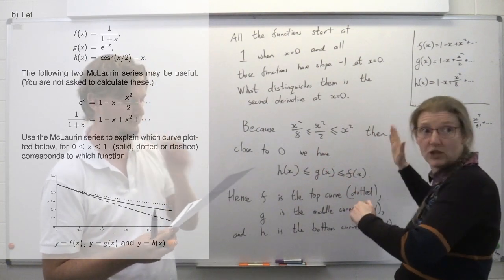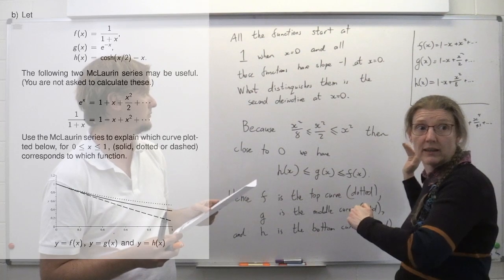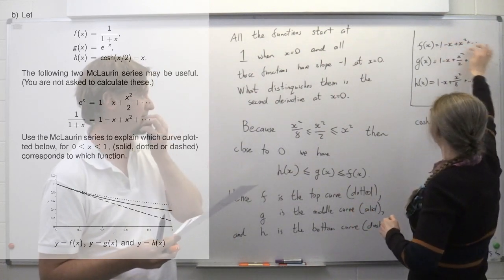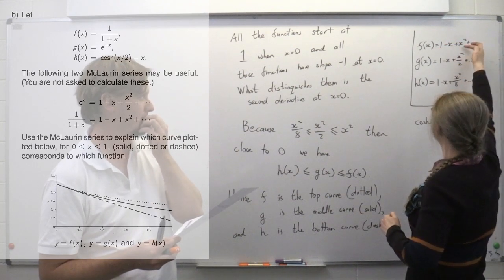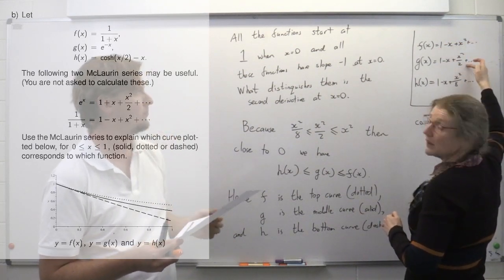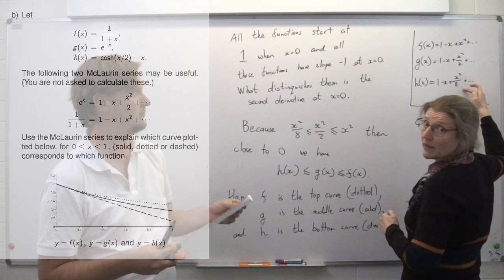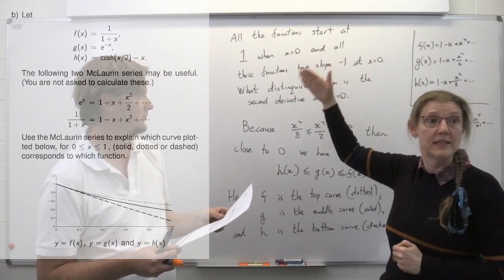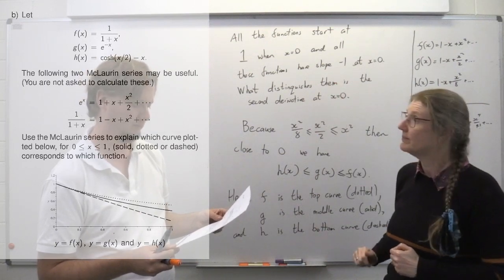So each term that you keep adding in the Maclaurin series here gets smaller and smaller and smaller. So just by plugging in, say, x equals 1, you can see that this one is going to be bigger than this one, is going to be bigger than this one. And that was a nice cross-check so that you can see those curves walking down in height.